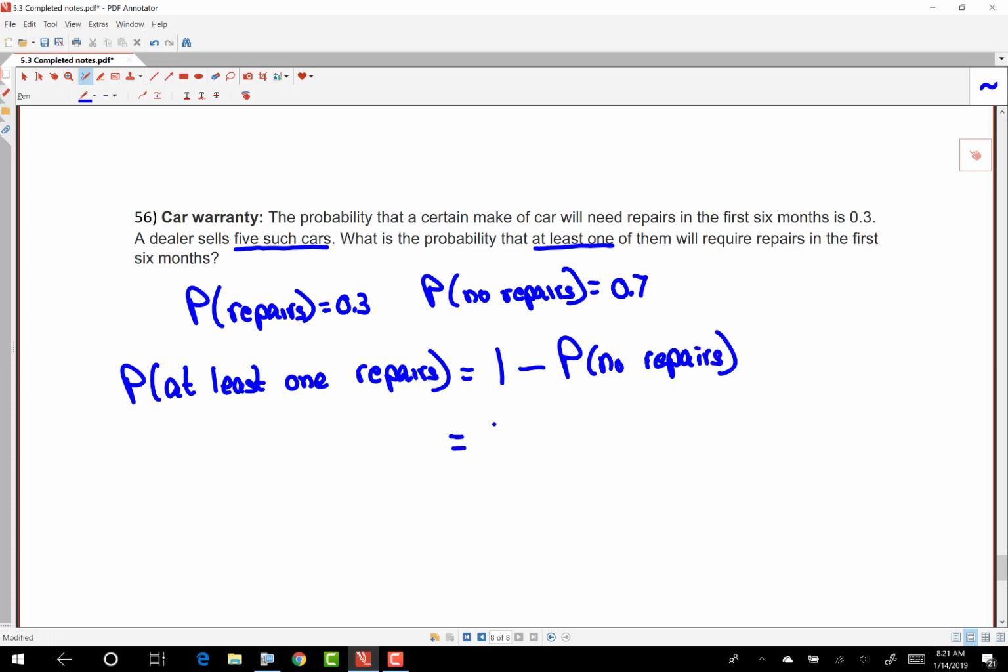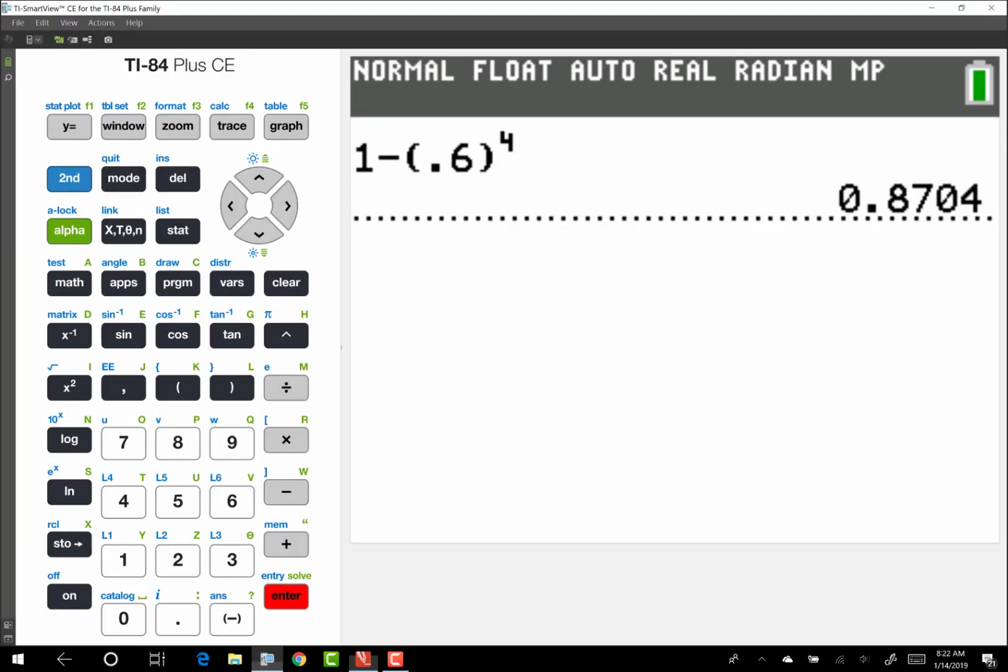Well, so that will be 1 minus. Now the probability that the first car doesn't need repairs is 0.7. The probability that the second car doesn't need repairs is 0.7, and so on. And there are 5 such cars. So I can just go ahead and put that to the 5th power. So we're going to take 1 minus 0.7 to the 5th.